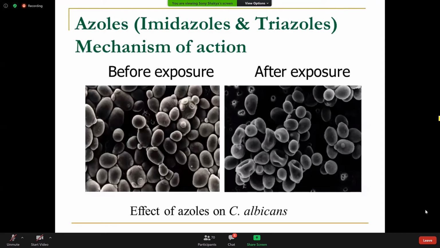So this is the mechanism of action. This is the microscopic slide of Candida albicans, showing what effect there is on their growth, so that you can visualize.